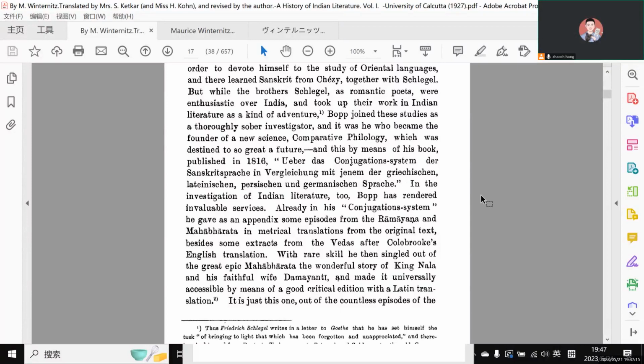So he is really doing comparative linguistics, in very early but significant books.